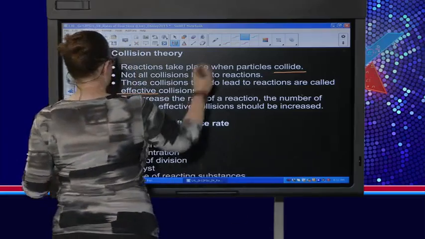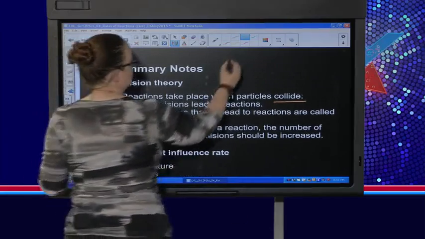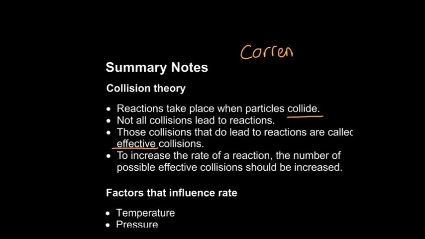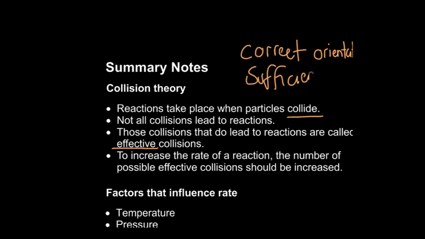And to get an effective collision, they need to collide with the correct orientation. Okay, so they have to hit each other in the same way, and they have to have sufficient kinetic energy.